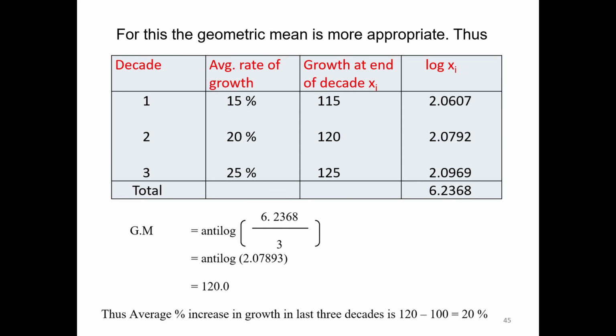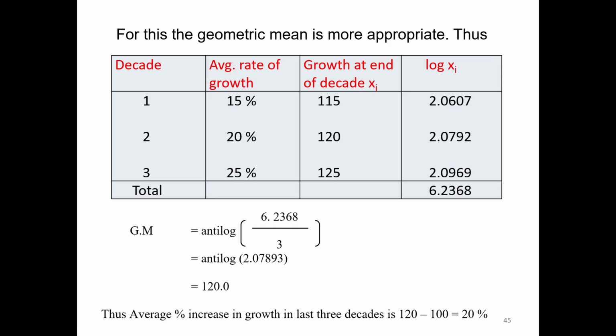Now for this, geometric mean is more appropriate. So the rates of growth are 15%, 20%, 25%. So growth at the end of each decade, xi, is 150, 120 and 125. And we have to take log xi: 2.06, 2.07 and 2.09.